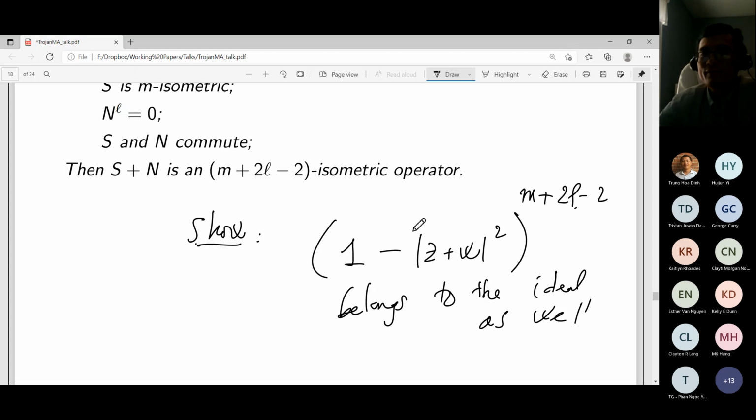If we have this, then it implies the conclusion.